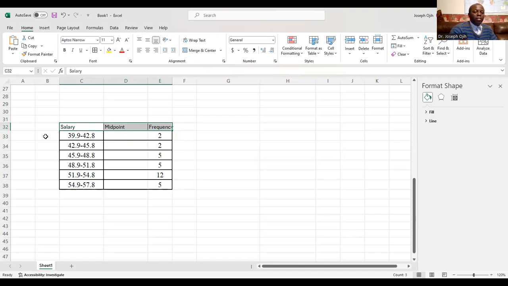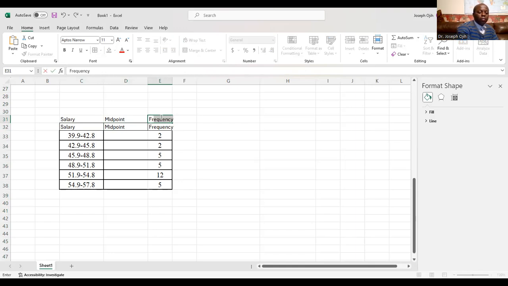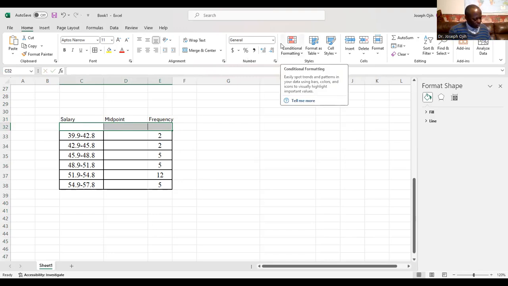So I'm going to write salary here, then midpoint, then frequency. I'm going to erase these ones so I will have space for that. Some people are coming in.